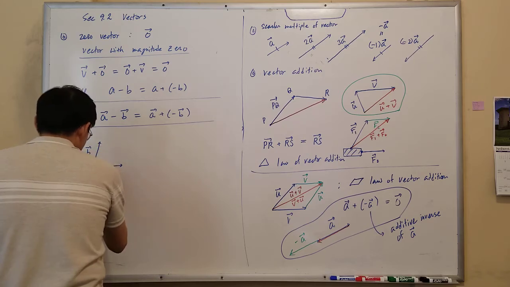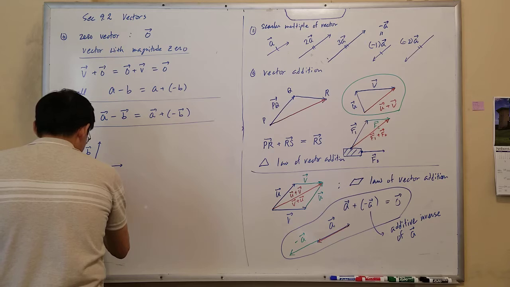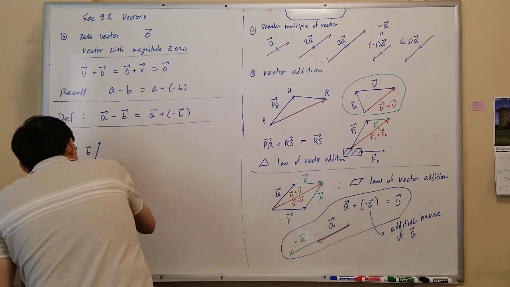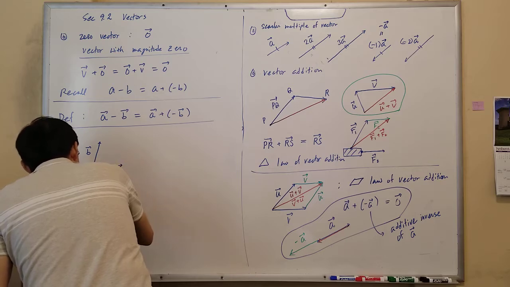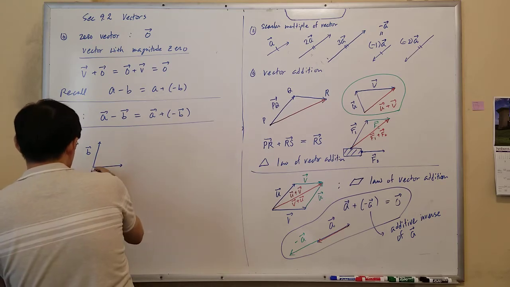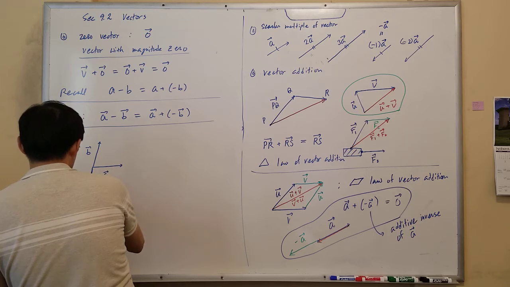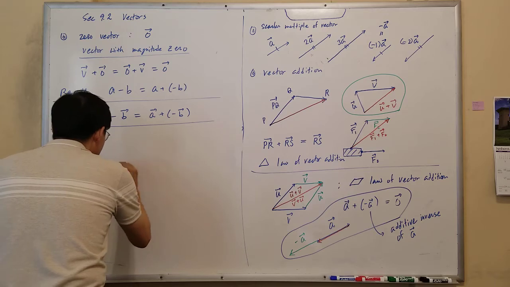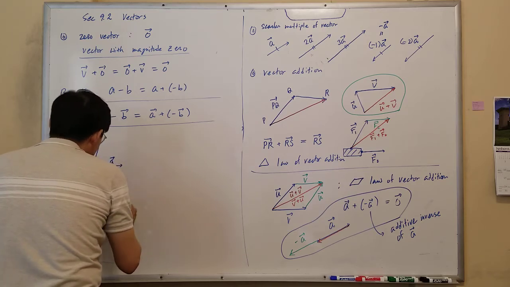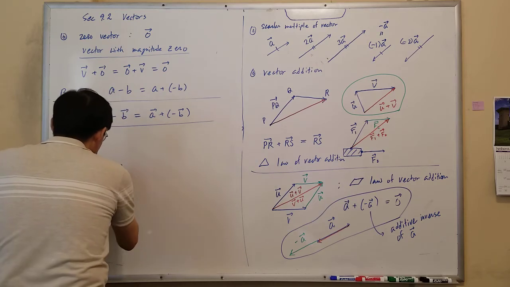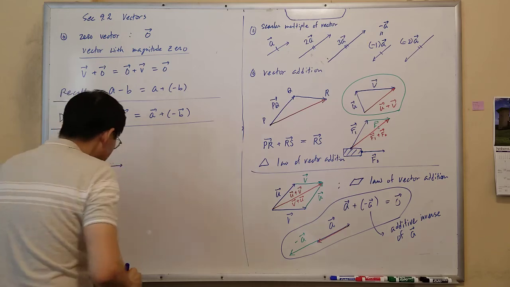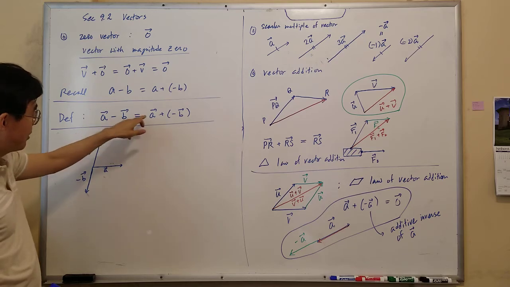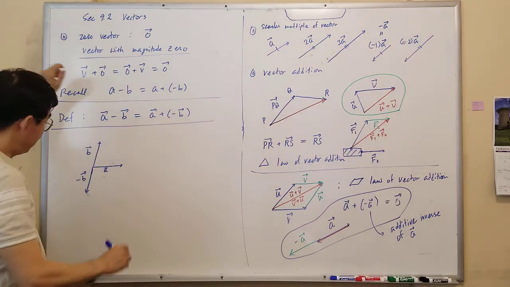So minus B will be the opposite direction of B, same size. This is vector A. So A minus B is A plus negative B.